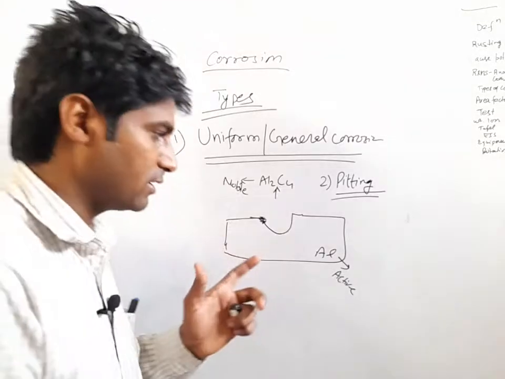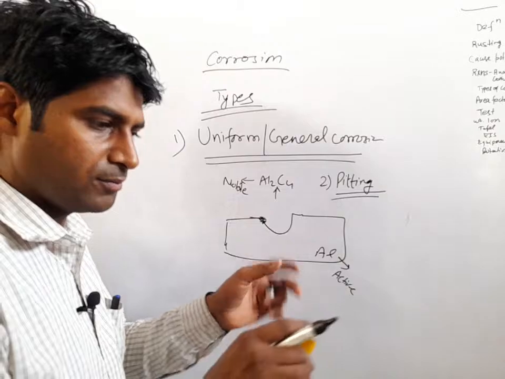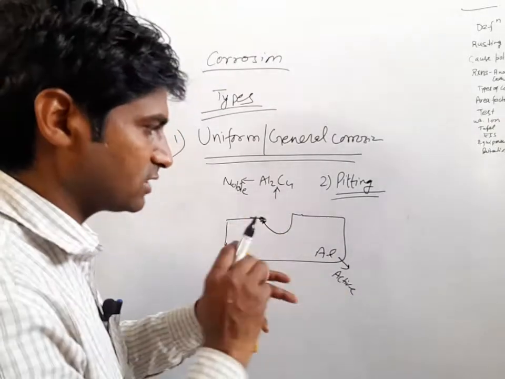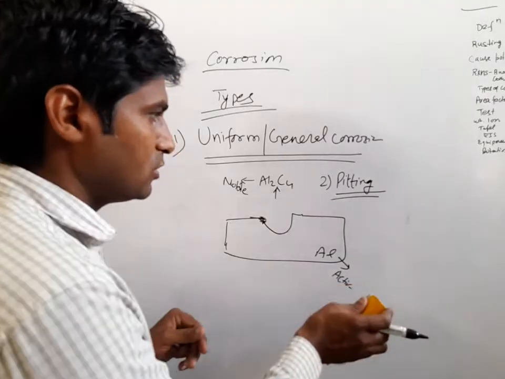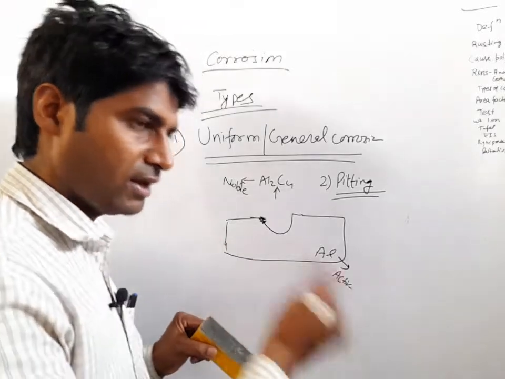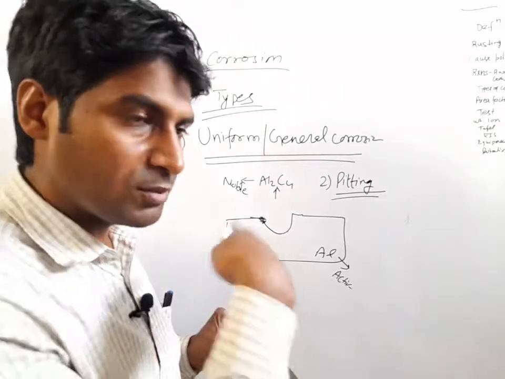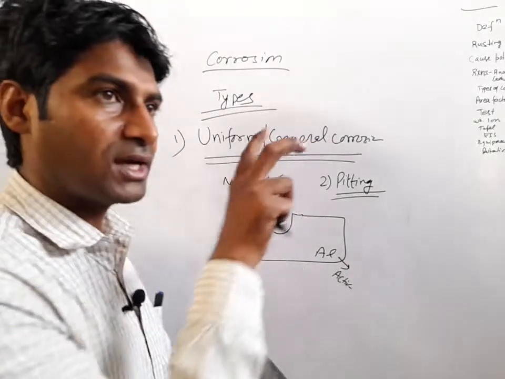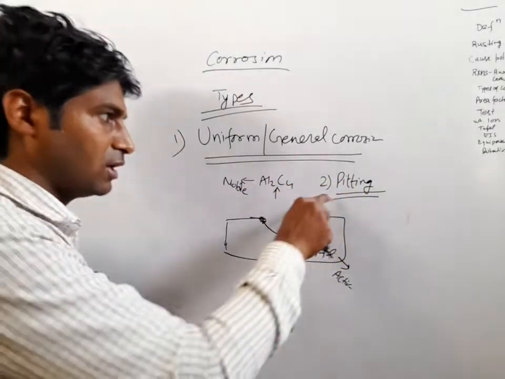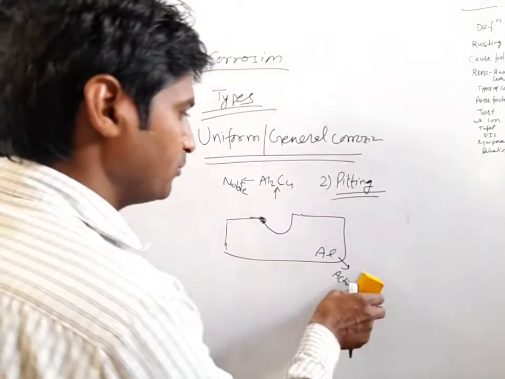So this is pitting, which occurred due to potential difference of two materials or metals which are in connection with each other. This is very detrimental, because we don't know when the material will fail. General corrosion we can see with our naked eyes, but pitting cannot be visible by naked eye on the material. So pitting is more detrimental.